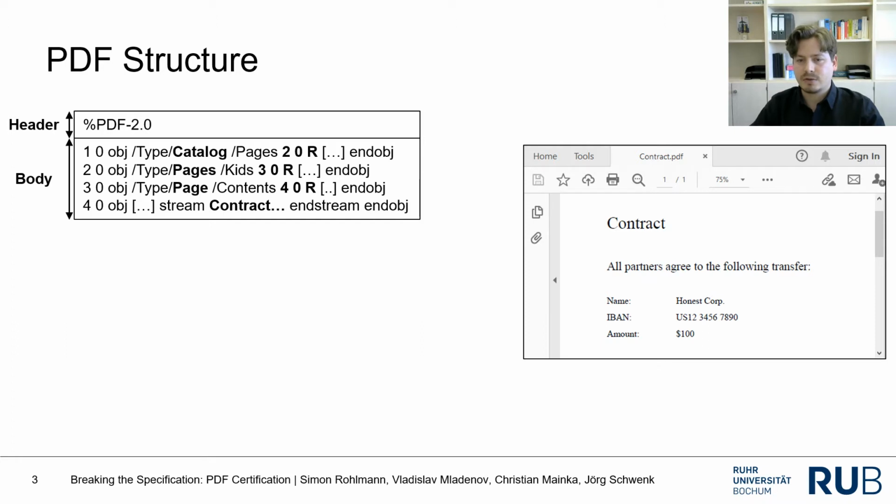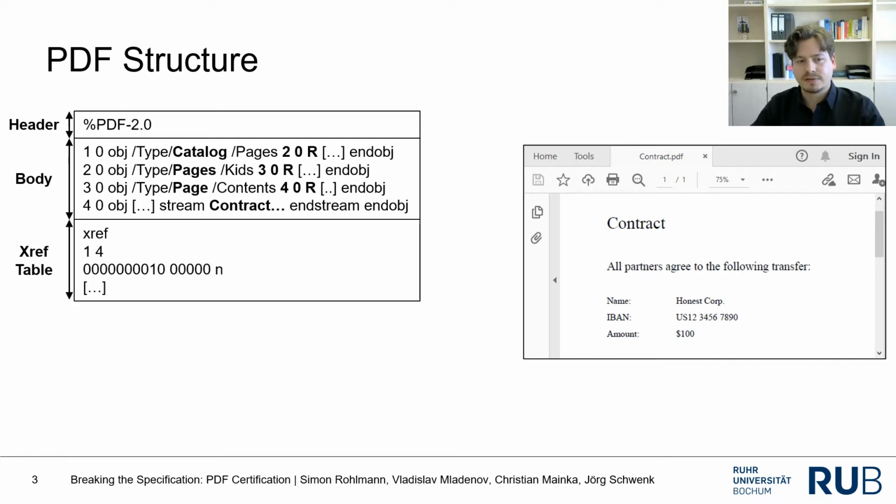As you can see, there's only one page in the document, so we only have one object of type page. The page references the contents of the page. In object number 4 there is a stream, and within the stream there's the text of the PDF document, which starts with contract.